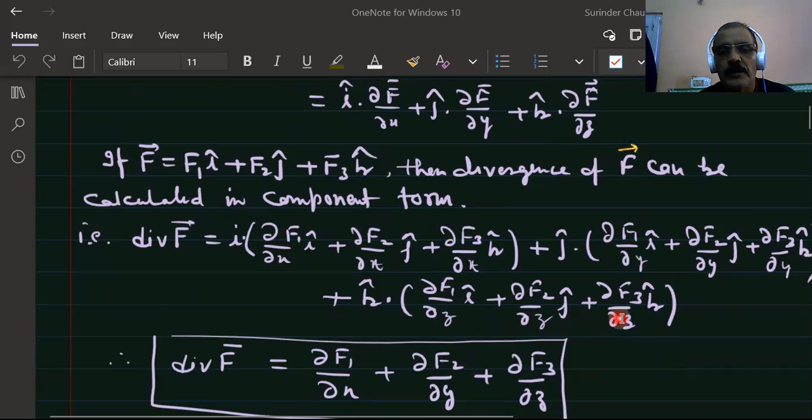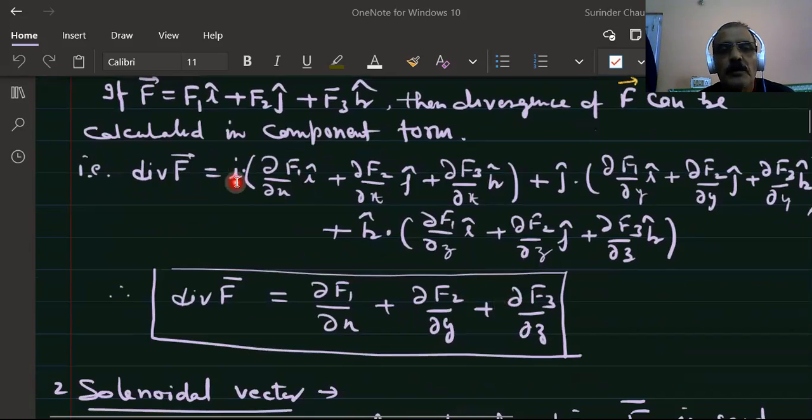Now, if we simplify: i dot i is equal to 1, i dot j is equal to 0, i dot k is equal to 0. So from the first dot product we get partial f1 with respect to x. Similarly, from the second component, j dot i is 0, j dot j is equal to 1 and j dot k is equal to 0, so we get partial f2 with respect to y.